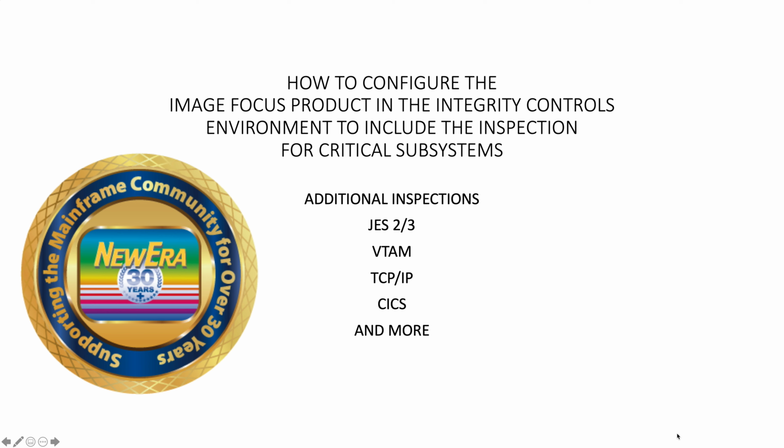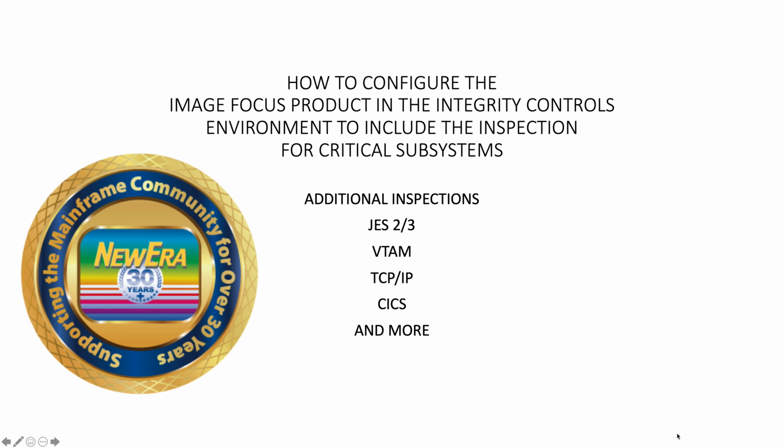For those of you familiar with image focus, know that the inspections that we perform for the operating system look at things like syntax problems, operational problems, issues dealing with references that don't resolve properly, and give a very detailed analysis about the operational integrity and readiness of the target, whether it be the operating system or as we move into these subsystems.